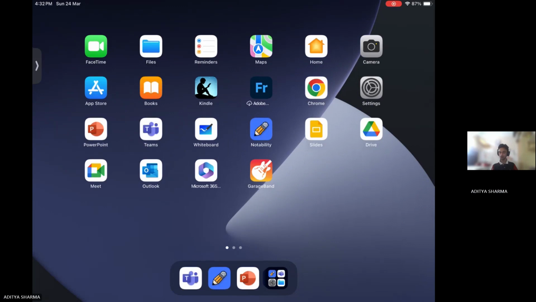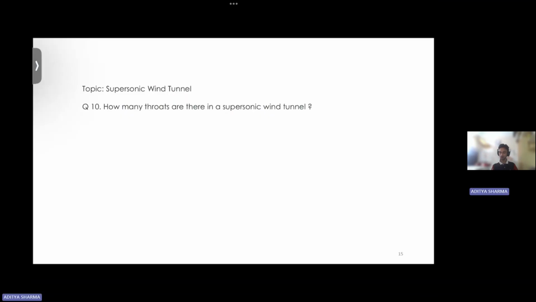The question asks how many throats are there in a supersonic wind tunnel. So option B is correct. There are two throats.